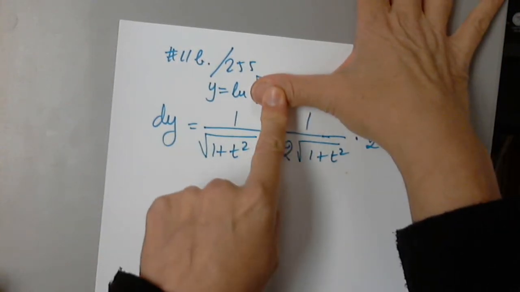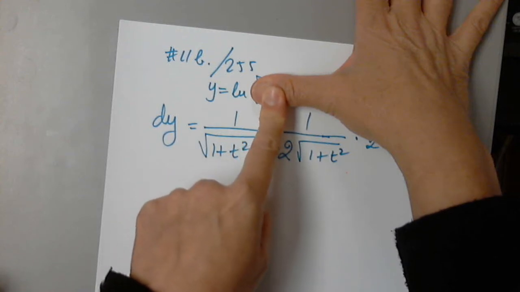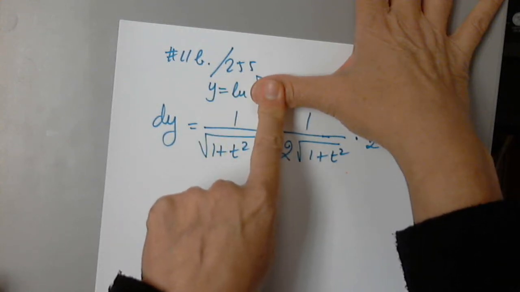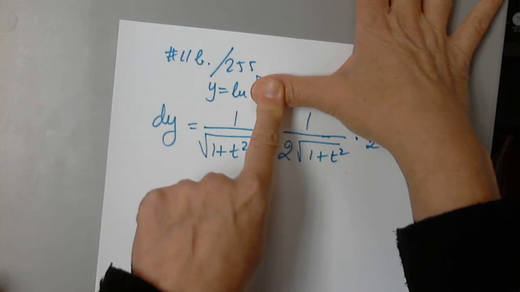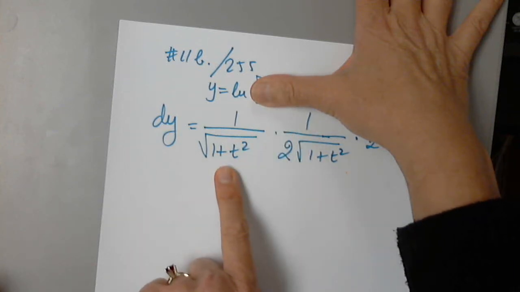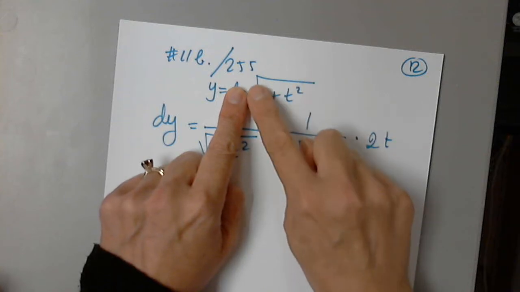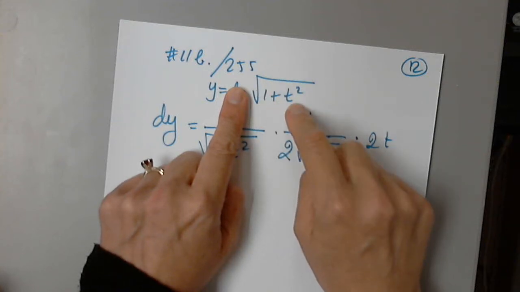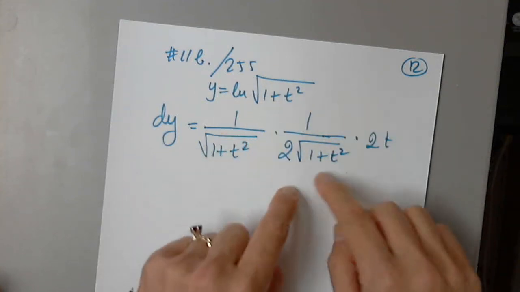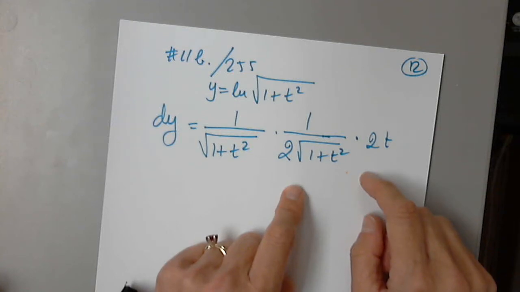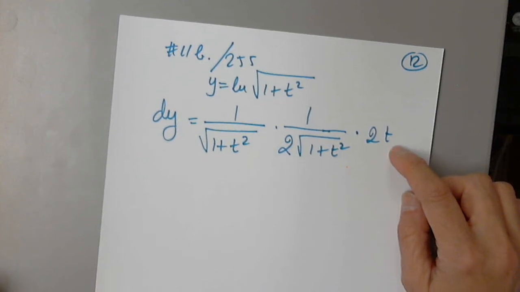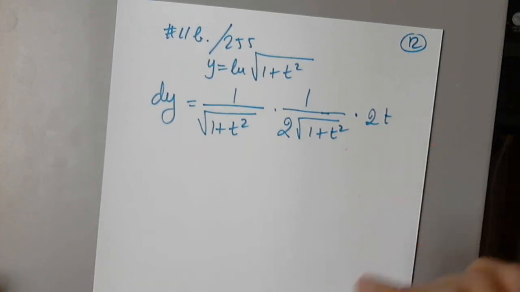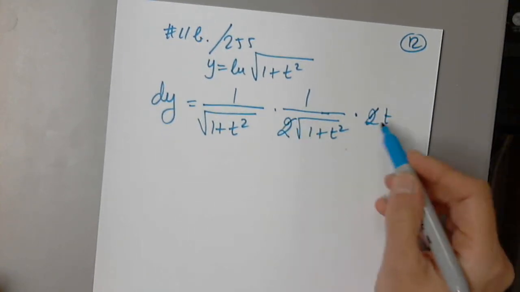You have natural log of something. How do I differentiate log of a function? It's 1 over this, correct? But then I have to differentiate this because it's not plain x. So that's how I get 1 over 2 the square root of 1 plus t squared. But then I also have to differentiate the inner function, which is 2t. Do we agree? Yes? Okay, so the 2's go away.